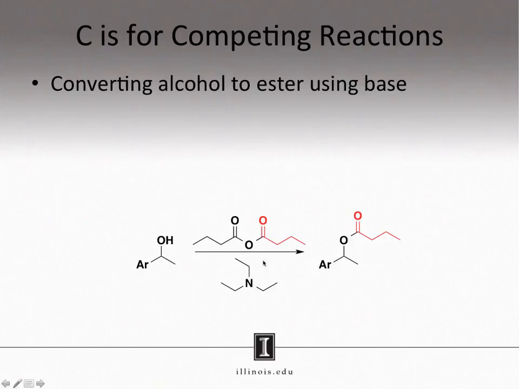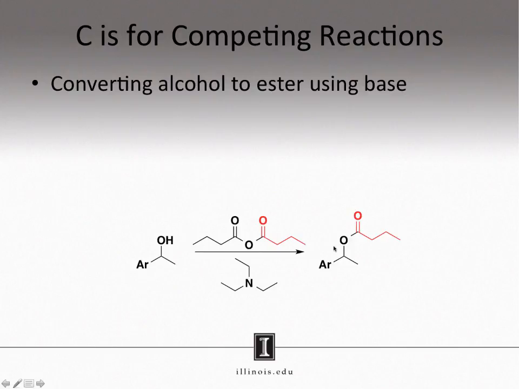Let's interpret this reaction scheme here before we continue. What this reaction scheme tells us is that we are taking an alcohol and using this anhydride and this base, we are converting our alcohol into this ester. This type of reaction is called an esterification. If you are concurrently taking Chem 232, you will not have covered this material yet.